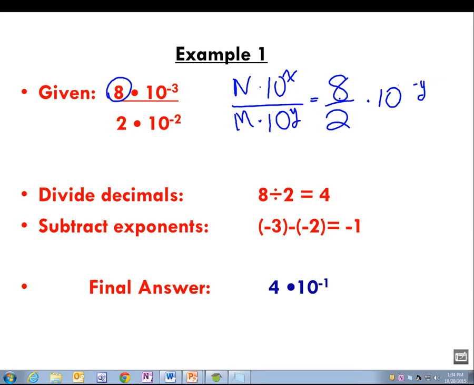My x is -3. My y is -2. 8 divided by 2 is? 4. Times 10, and then -3 minus -2 is -1. It's already in scientific notation because I have a single digit, and then decimals after that, and the decimals after that would just be 0.0000, not needed.